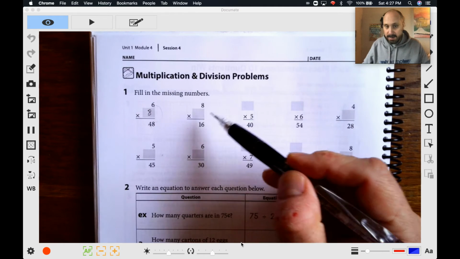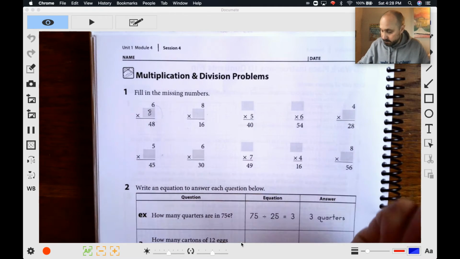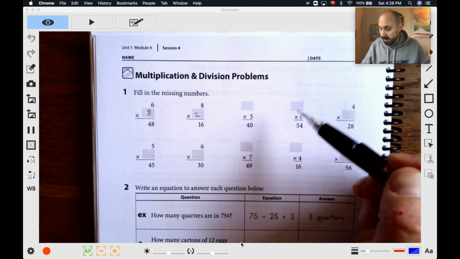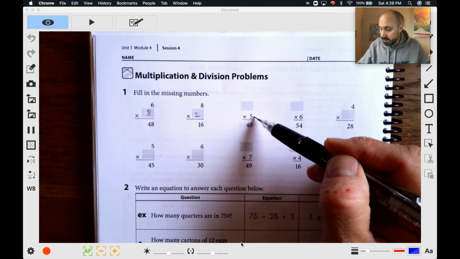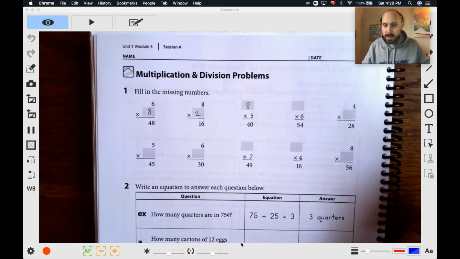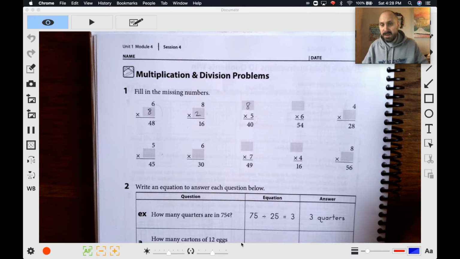Same thing with 8 times blank is 16. 16 divided by 8 is 2. Same thing here. 40 divided by 5 is 8. And just because the number's on the bottom, it's still the same thinking with figuring out that other dimension or the length or width.